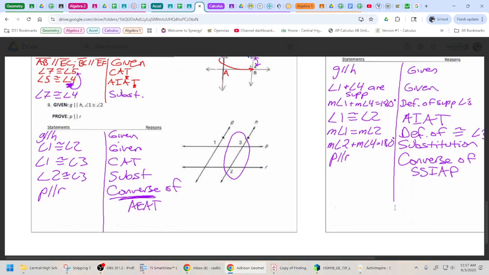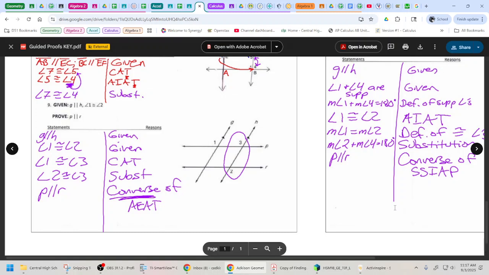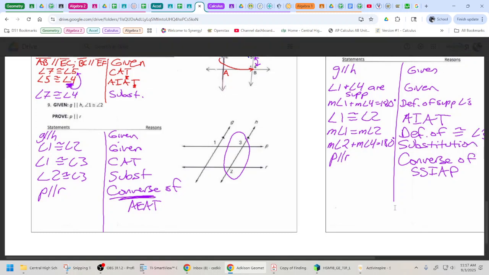Like if you put converse of IAT, that piece is wrong and you would miss a little credit for that. But you're not going to miss the whole proof. So even if you can get 2/3 of the argument correct, you're still going to do okay on these. Does that make you feel a little better? Okay.